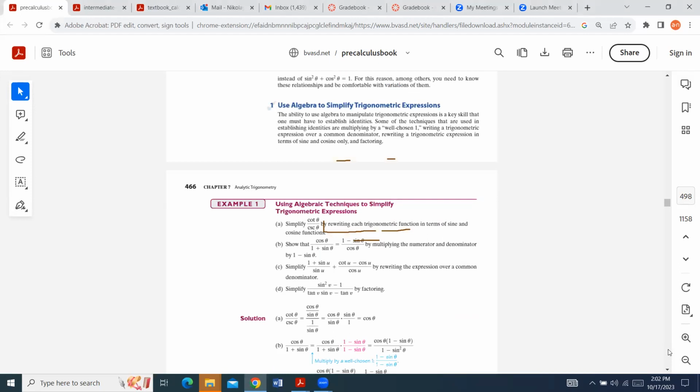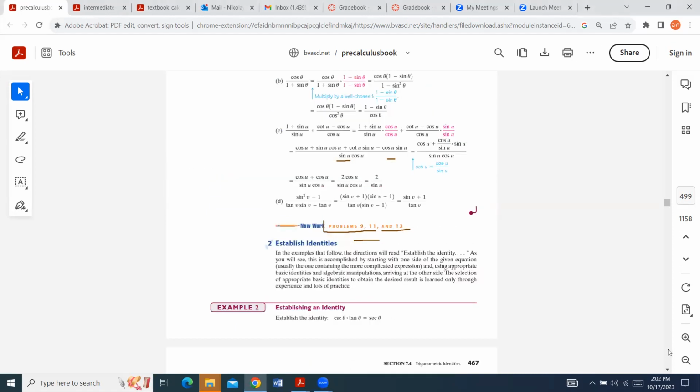For example, if someone says, how about if you try to prove a trig identity or establish it, with example 2 that has a product of cosecant and tangent on one side, and on the other side of this little equation we have secant. So it turns out we need not solve any equations here, but we need to show that the left side produces the right side.